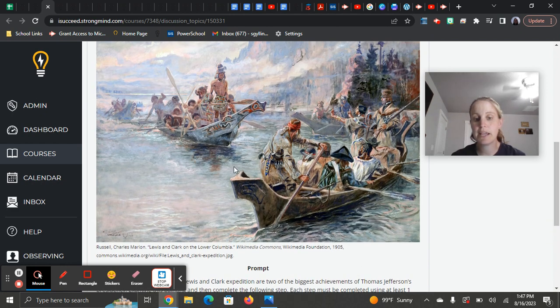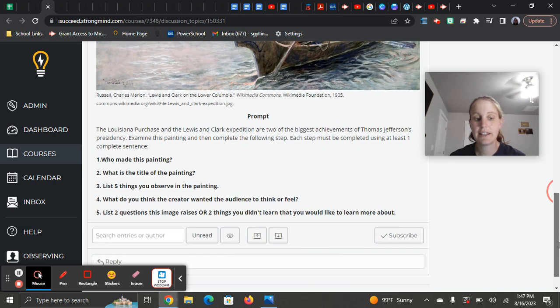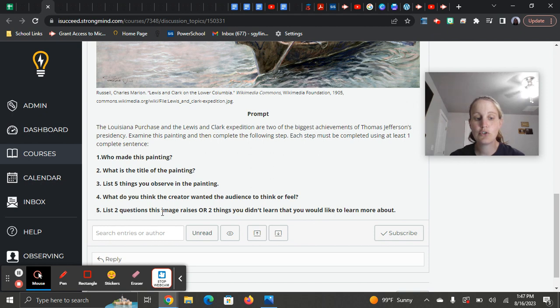So the person who painted this, what emotions do you think he wanted people to have while they were looking at this painting? Or what do you think he wanted you to feel or think as you looked at this painting? And then the last one, list 2 questions this image raises or 2 things you didn't learn that you would like to learn more about.